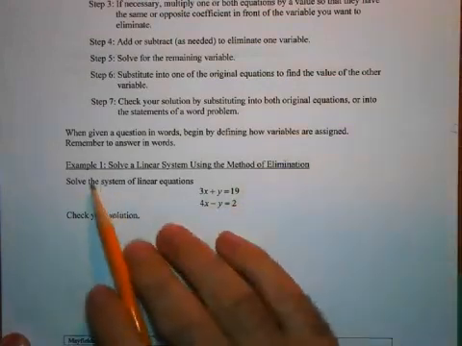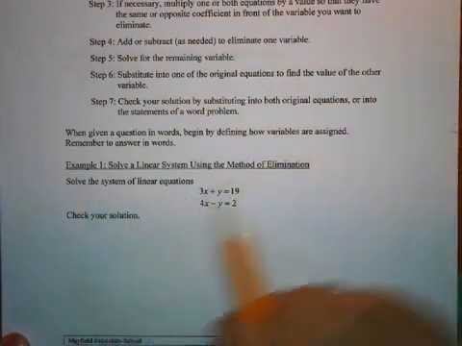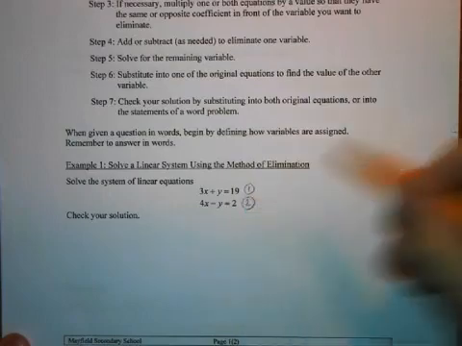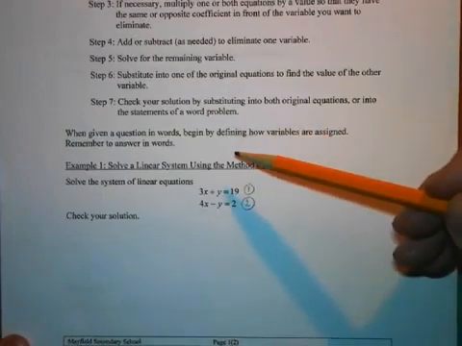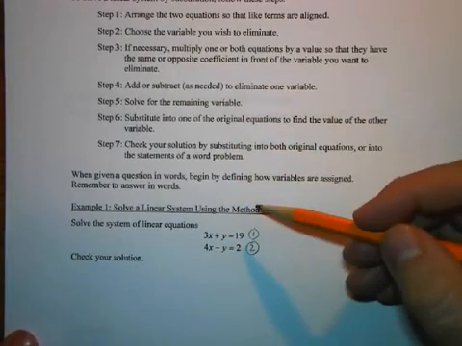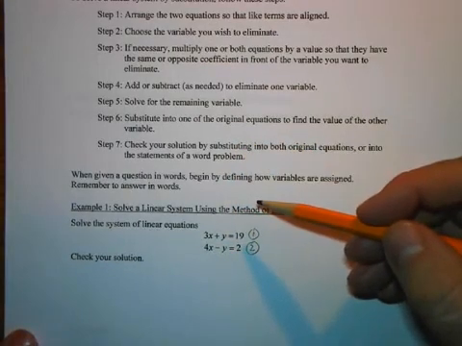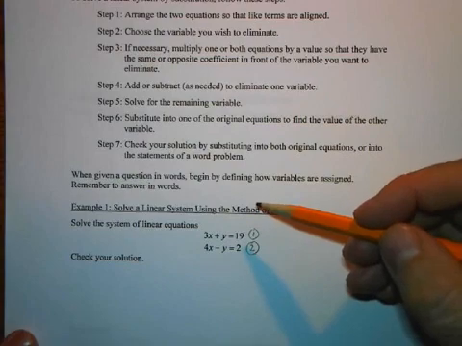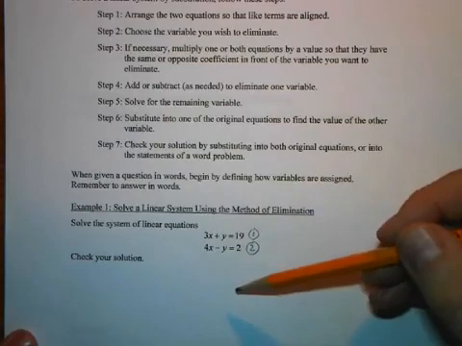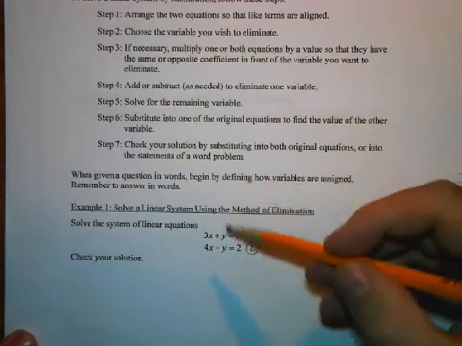It says solve the system of linear equations. I've got this equation, I'll call it 1, and this is 2. And what I mean by arranging it so that they're aligned is kind of like back in elementary school when you added numbers, you had to make sure the hundreds was lined up, and the tens and the ones and the tenths.